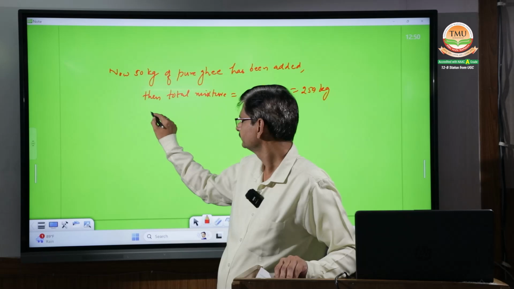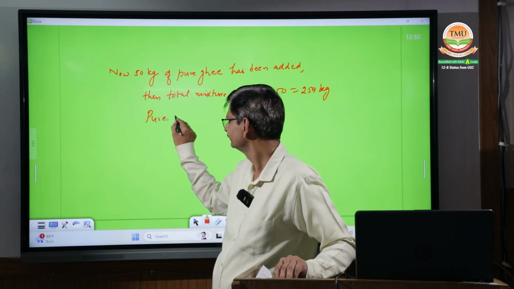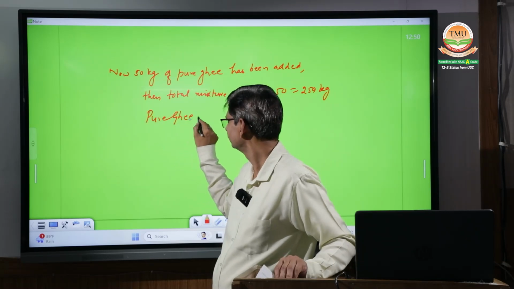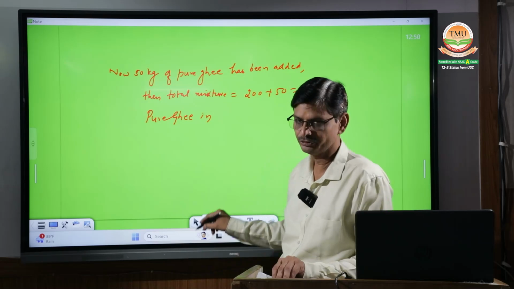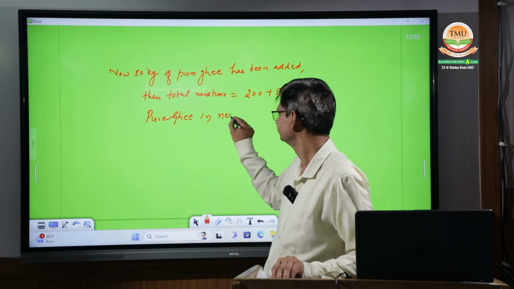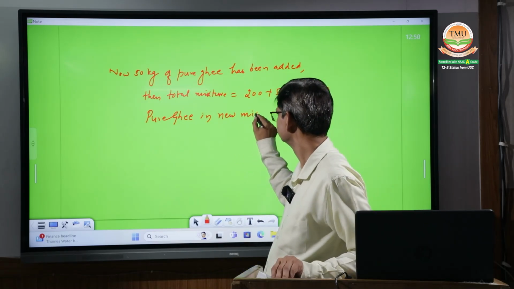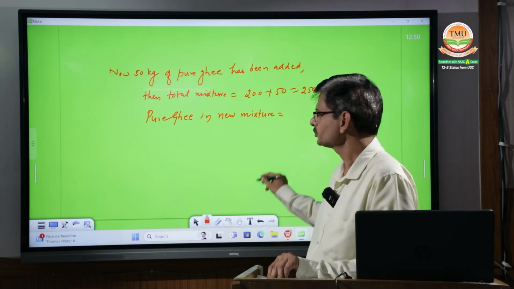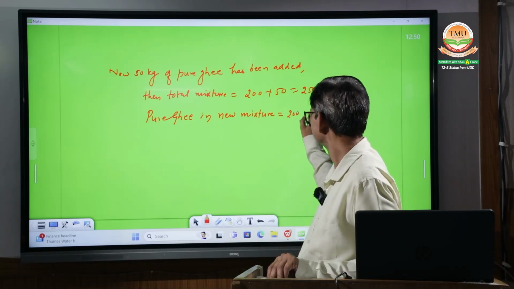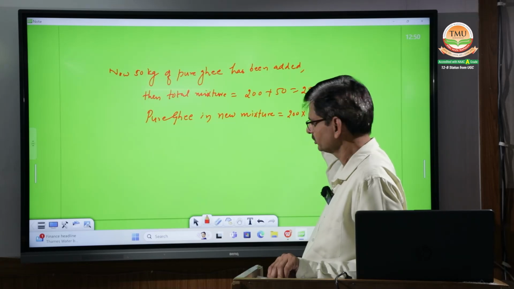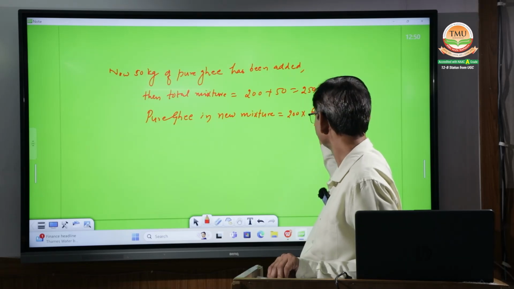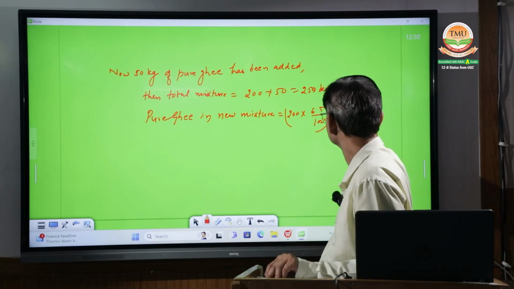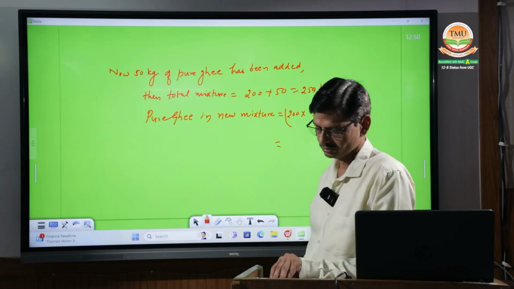Now pure ghee in new mixture will be 200 into 65 upon 100 plus 50.